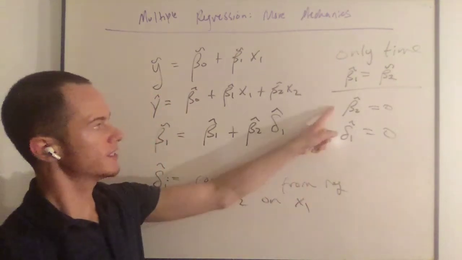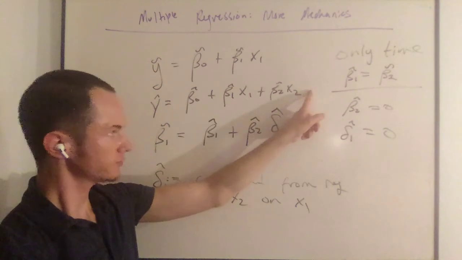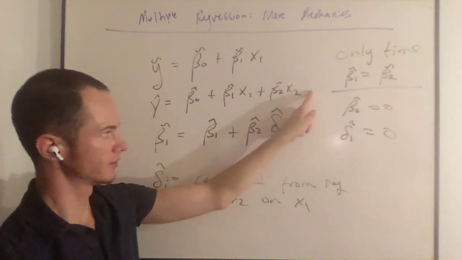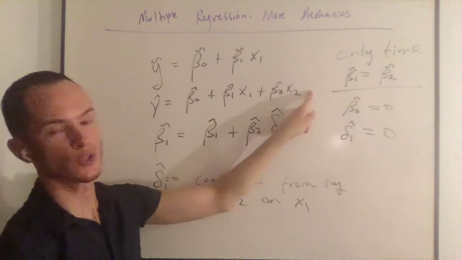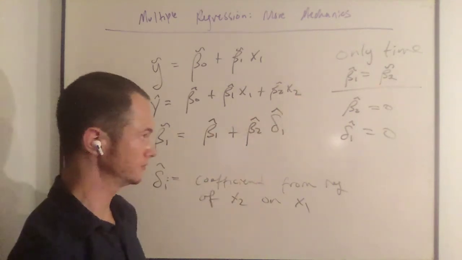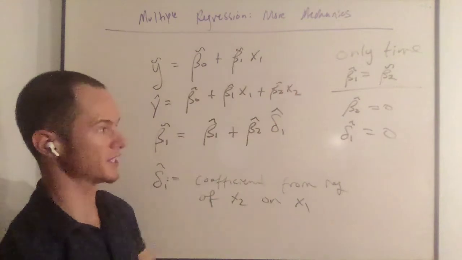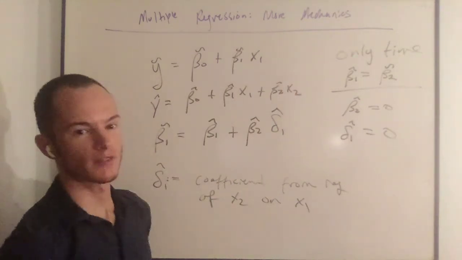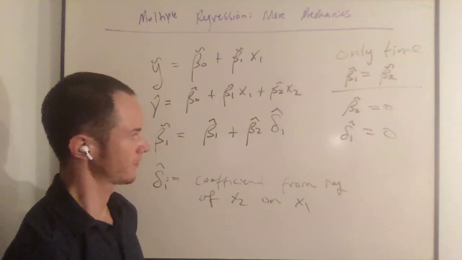If beta 2 hat is equal to 0, then x2 does not enter the population regression, and so x2 would not be contained in the residual. So there would be no reason to bring that into the regression equation, and we wouldn't be suffering from omitted variable bias.